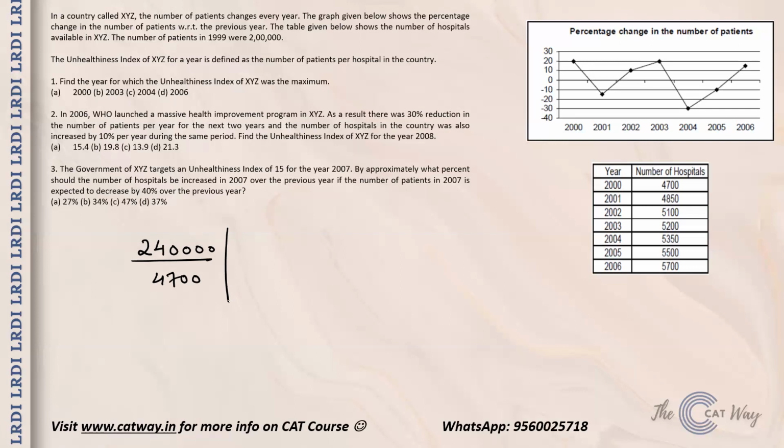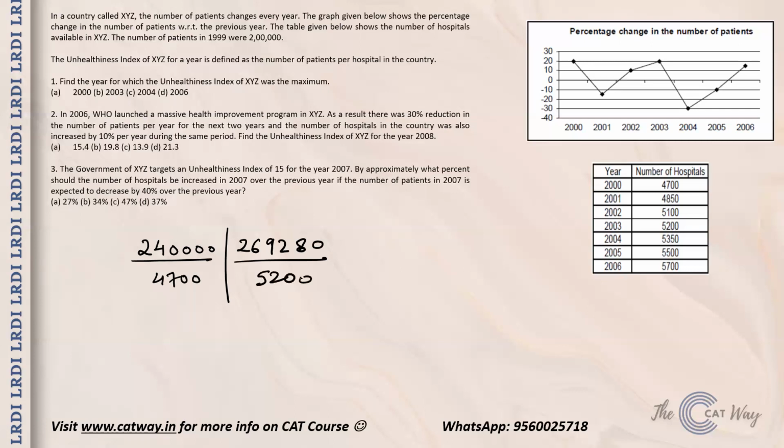So from 2 lakh in 1999, it increased by 20%, then decreased by 15%, then increased by 10%, and again increased in 2003 by 20%. So the total number of patients is 269,280, and the total number of hospitals is 5200.